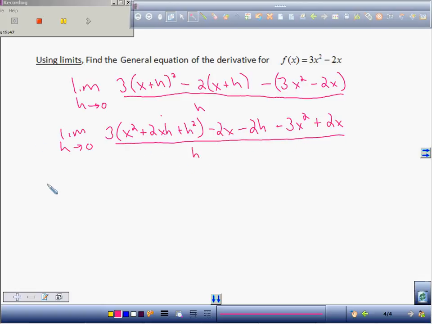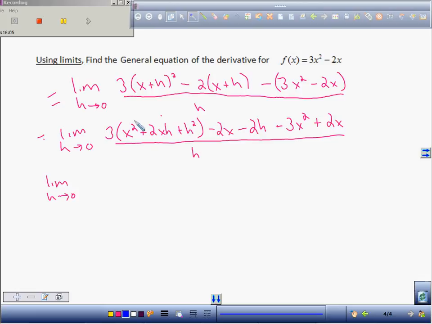So now, look, this is equal to the limit. There should be little equal signs as we go. Now, see how I have a 3x squared here and a minus 3x squared there? What can I do with those two things? Should I just distribute everything out again?